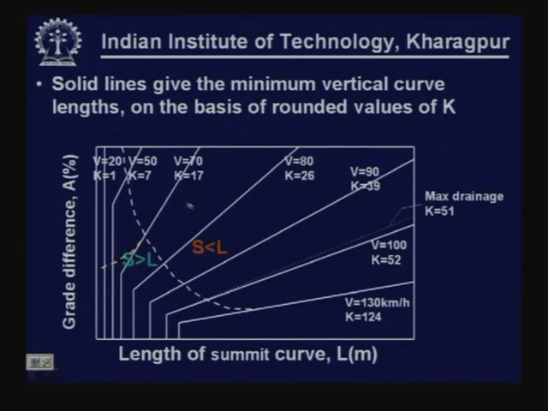You can see here that for speed 70, k is 17, for speed 80, k is 26, and so on. So, these are rounded values of k. This solid line gives the minimum vertical curve length on the basis of rounded values of k.